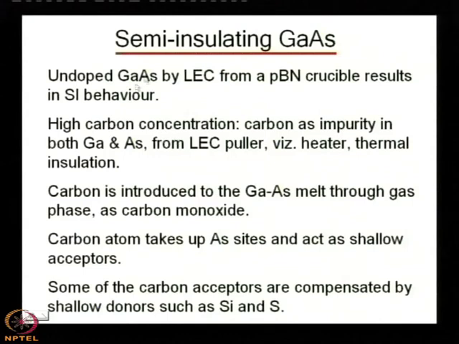And another thing is that this semi insulating gallium arsenide is grown by the method of liquid encapsulated Czochralski technique that we have discussed, and probably you can remember that LEC technique is nothing but we cover the melt by B2O3 boron oxide to avoid decomposition of the group 5 element from the crystal surface.